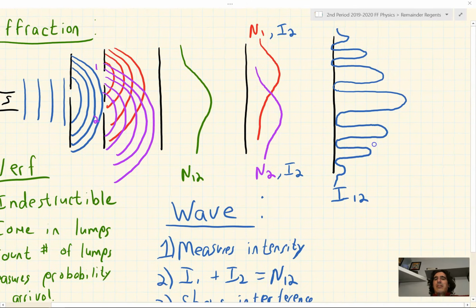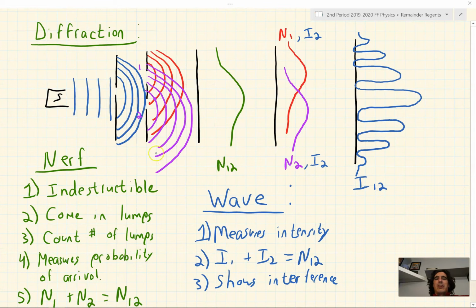Again, that's because, as we saw, the wave fronts are going to interfere with each other. If we have a crest and a crest, we get constructive interference. If we have a crest and a trough, we get destructive interference. And farther out, the waves are going to get weaker, so we get less constructive interference.